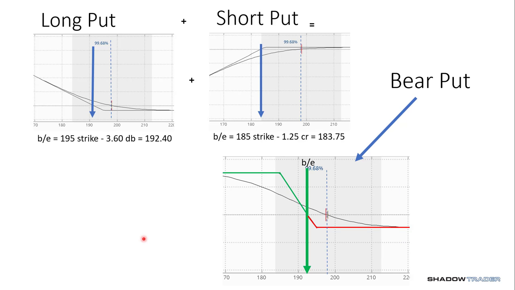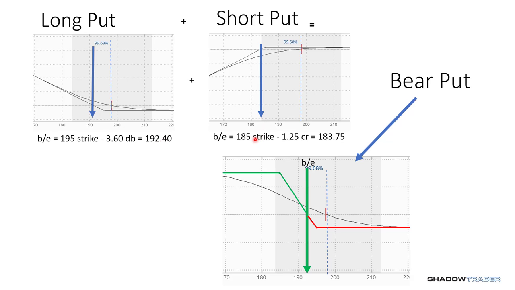Once again, the individual options on a profile basis. My long put, I'm looking for the equity to go this way. I make money from the strike price and my debit. So I make money when this goes from 195 down $3.60 more to 192.40.